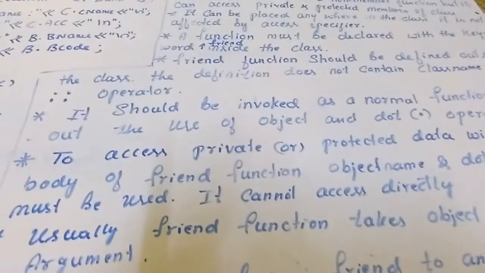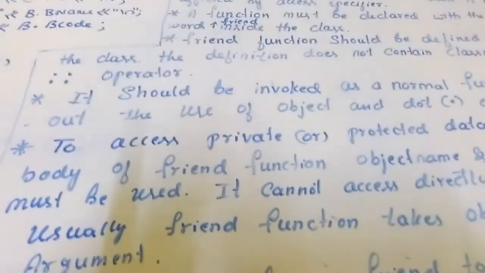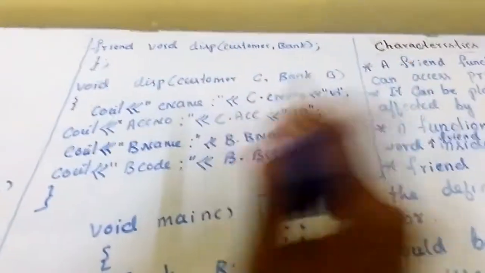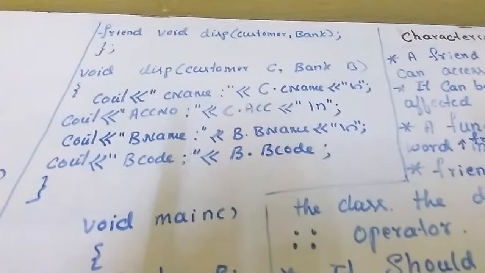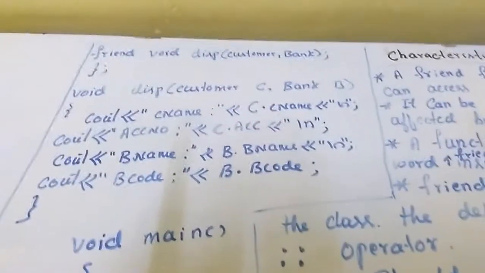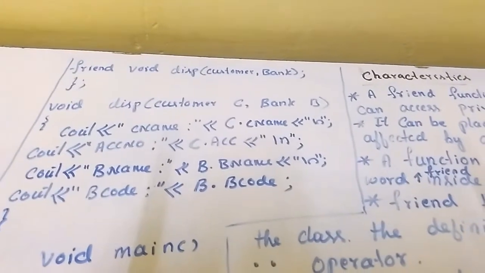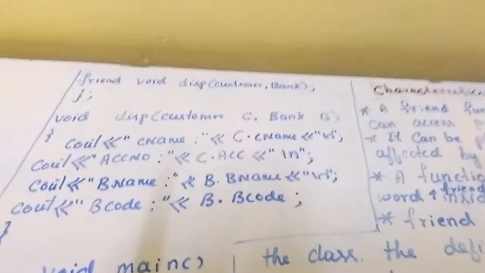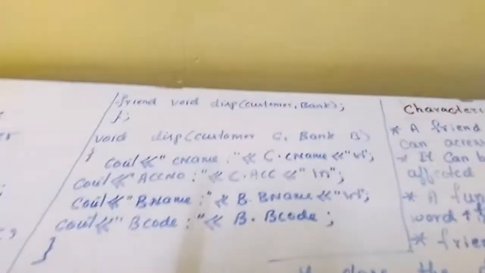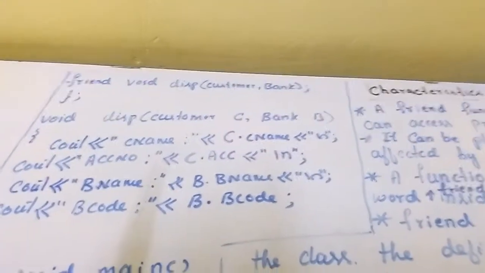Access a private data within the body of the friend function, that is, the friend function definition. So the private data, customer name, customer account number, bank name, branch code, are all private data. So we cannot access them directly. We must use object and dot operator. See here, C dot C name, C dot account number, B dot B name, B dot code.